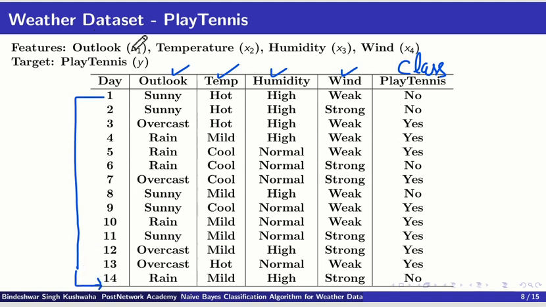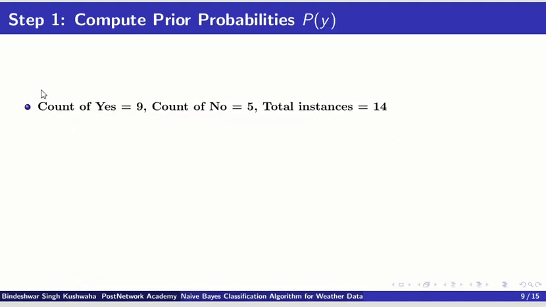So x1, x2, x3, x4, and here play tennis, that is the class, so we will denote it by y. Now if you see, there are 14 instances: 9 are yes, 5 are no, and total instances 14.